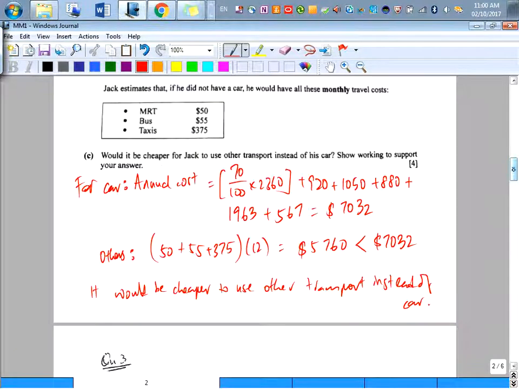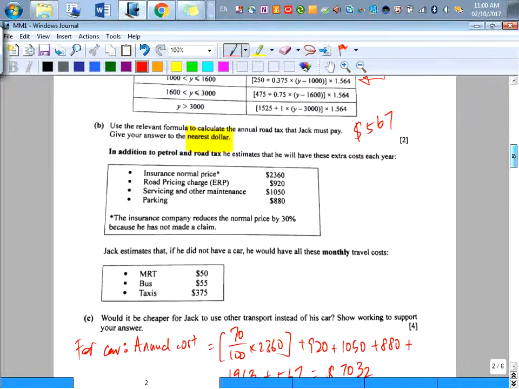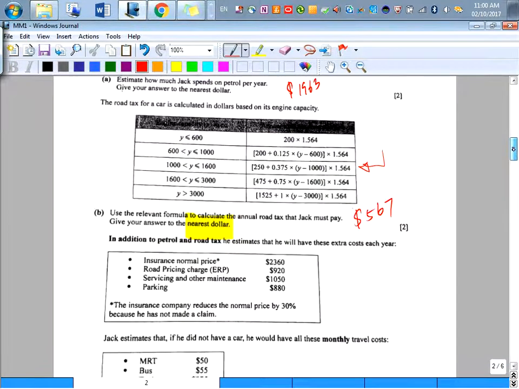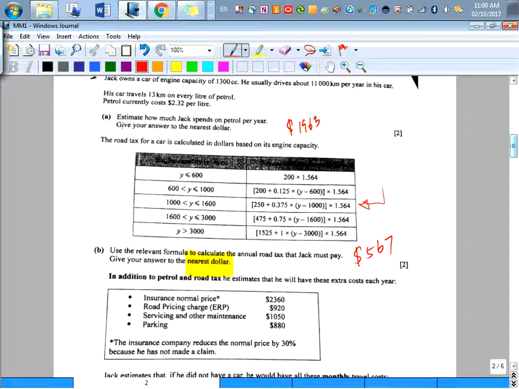Part B. For the tax. Okay, this one. So based on his engine capacity, which is 1300 cc, we are only interested in this line. Do you choose that? Okay.